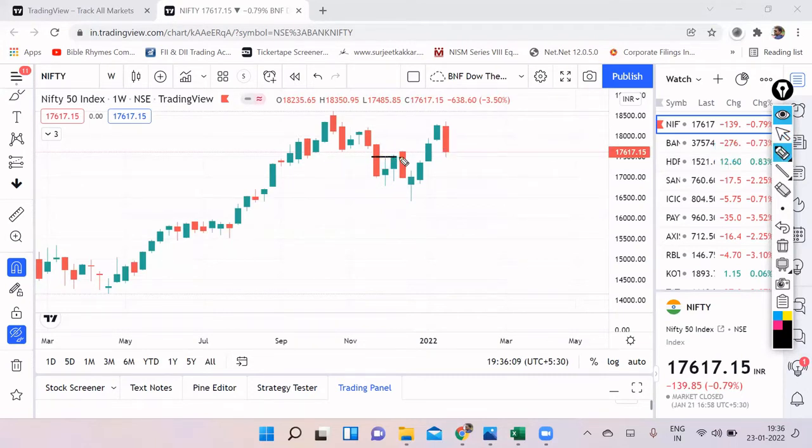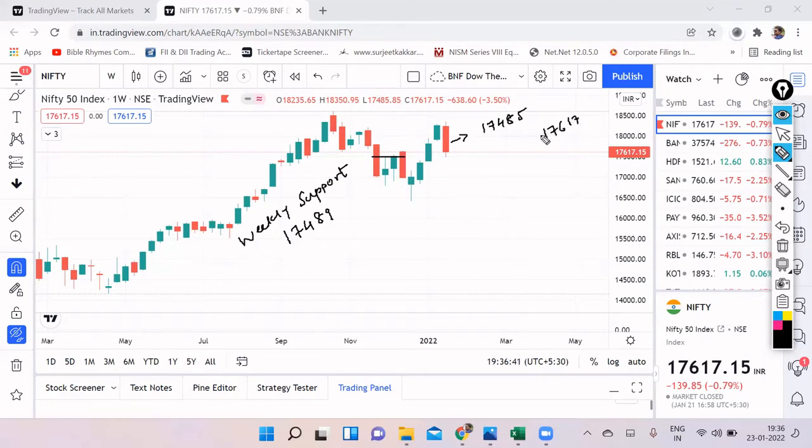So this particular area is the weekly support, but this is something I wanted to show you. On last Friday the low that we made was 17,485. So the low of this particular candle is 17,485, and we closed at 17,617.